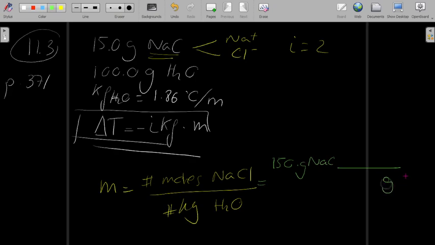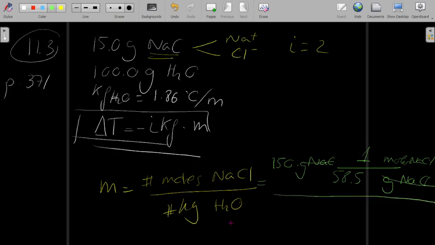I don't want grams of sodium chloride. I want moles of sodium chloride. So I know how to find how many grams are in 1 mole. I just start adding the AMUs for each one of the atoms. So 58.5 grams in 1 mole. Grams are gone. Now I do have moles.